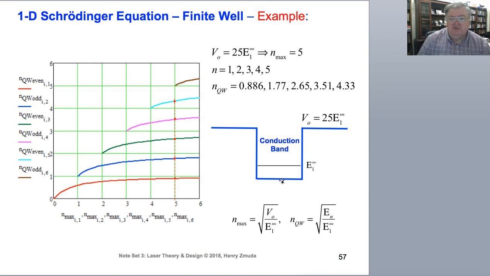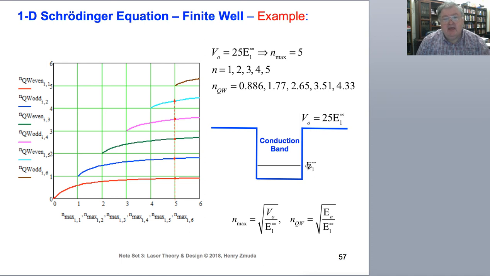Let's just suppose that I have a well. Here's my conduction band. Suppose E1 infinity, whatever that number is, falls over there. And suppose the maximum potential energy of the well, which I'm going to call V0, is 25 E1 infinity. So 25 times bigger than E1 infinity.